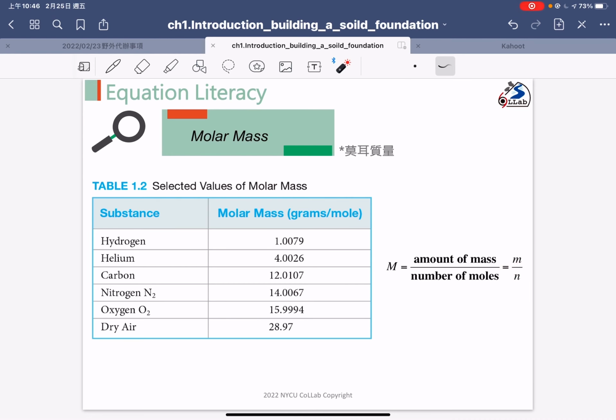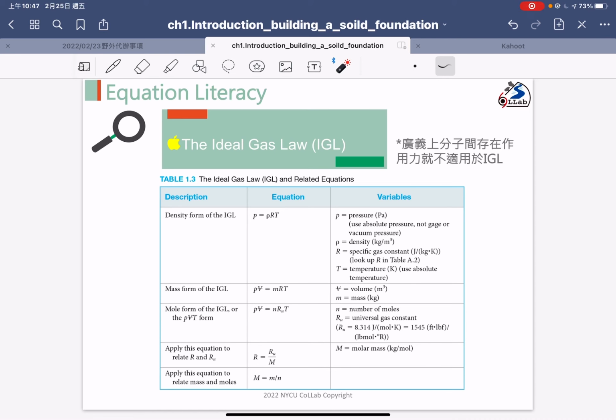So the table shows all of the formulas for the ideal gas law. This one is the standard one, right? PV is equal to nRT. We usually remember these formulas. As I mentioned in the previous slide, here what is the Ru? Ru is the universal gas constant.